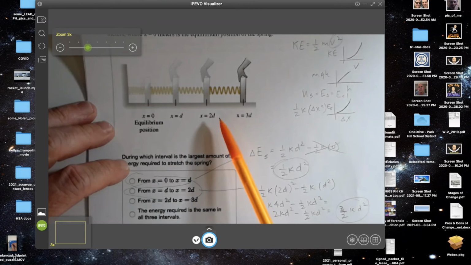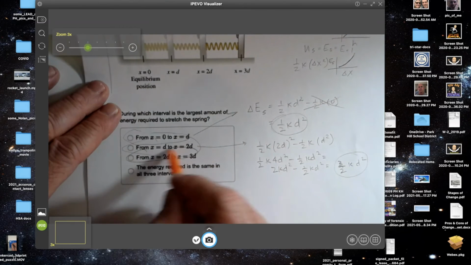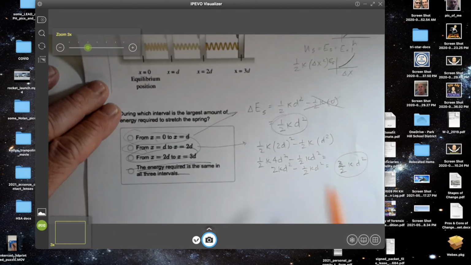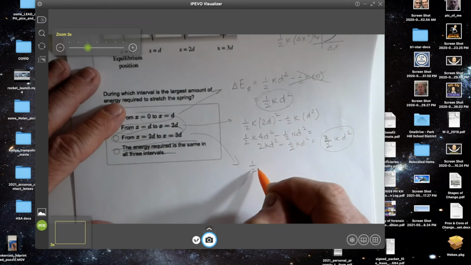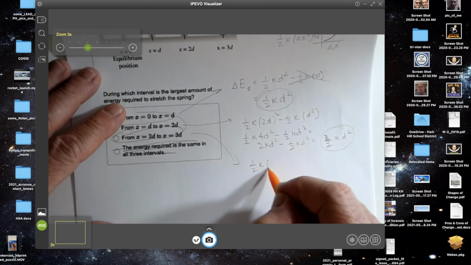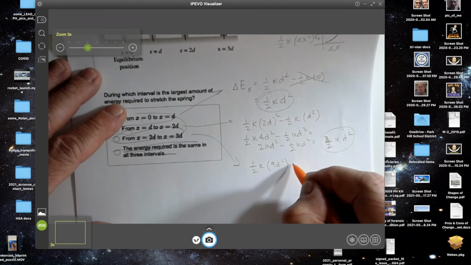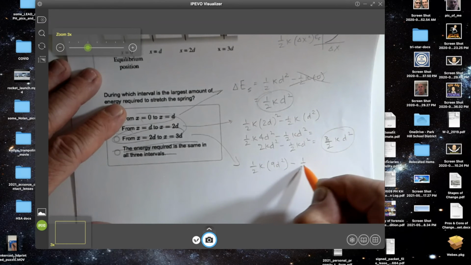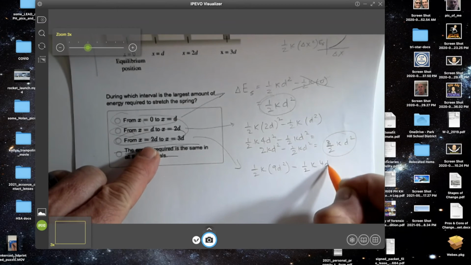Now what about 2d and 3d? So already we know it can't be this answer, right? So now let's check this. 1/2 k times 3d squared, so that's really 9d squared, minus 1/2 k, we're looking at 2d, so it's really 4d squared.